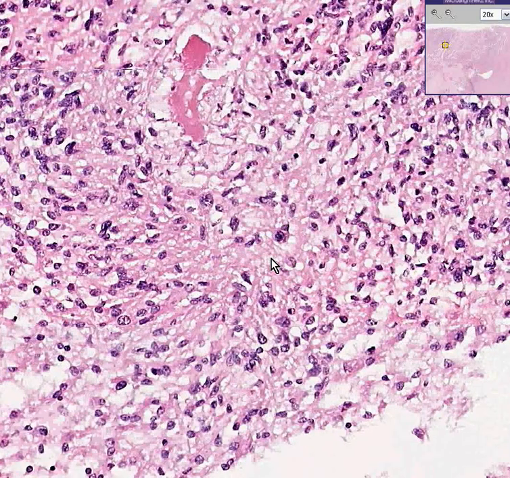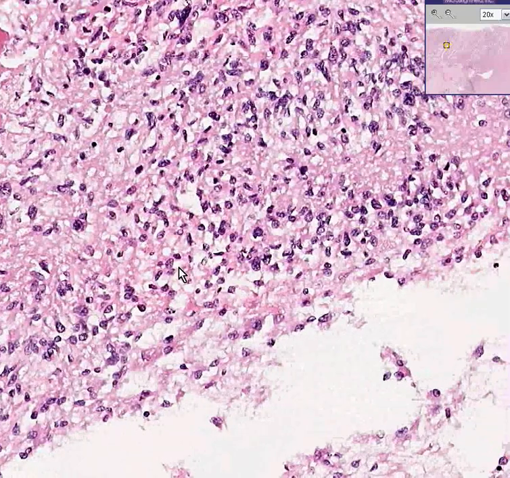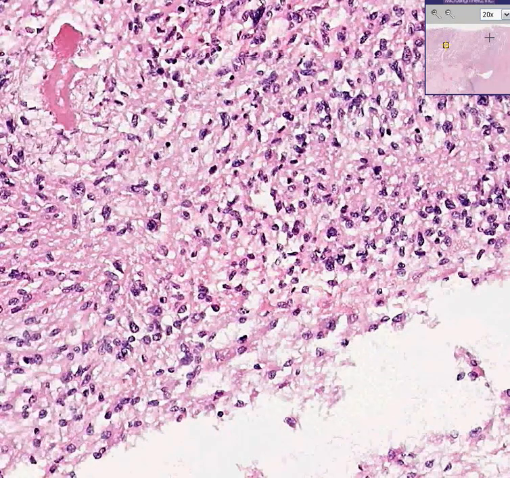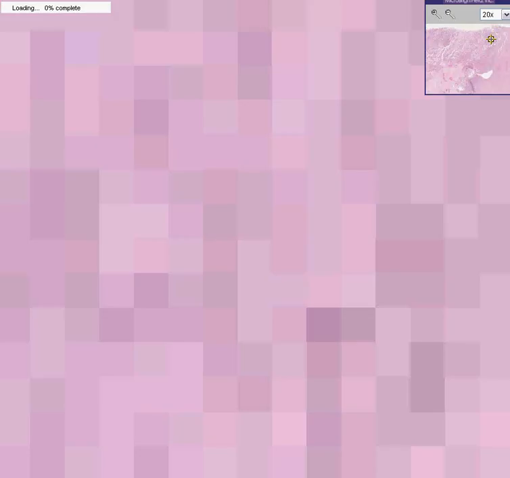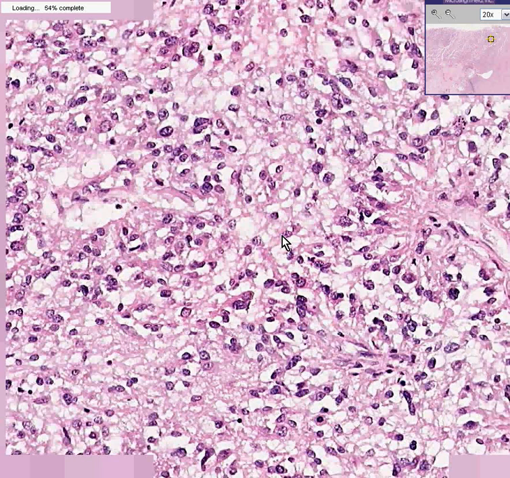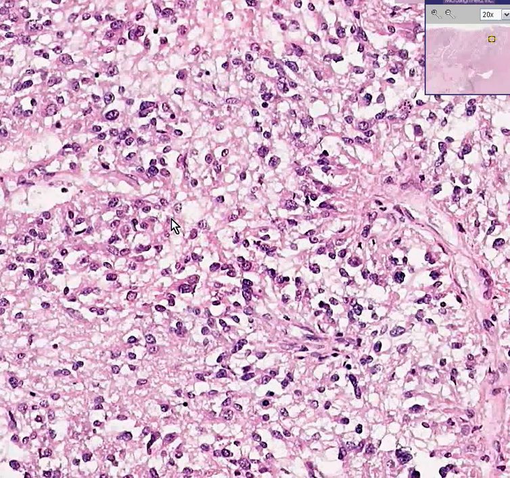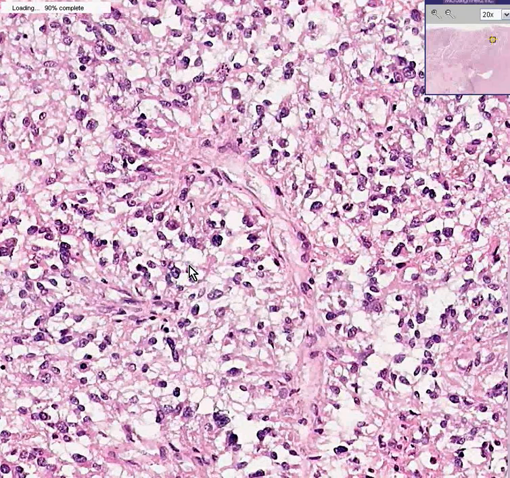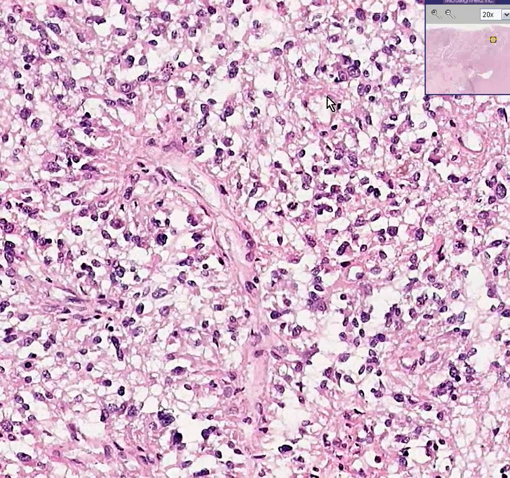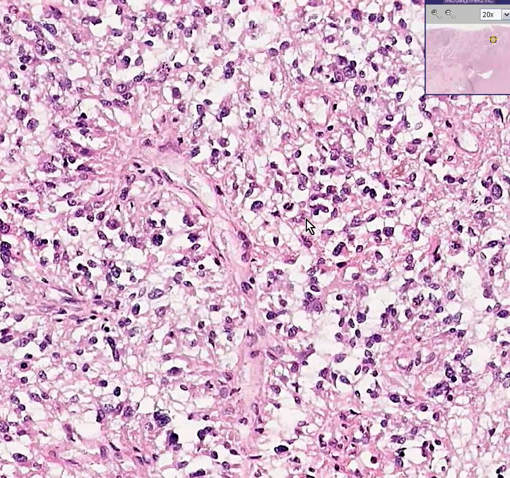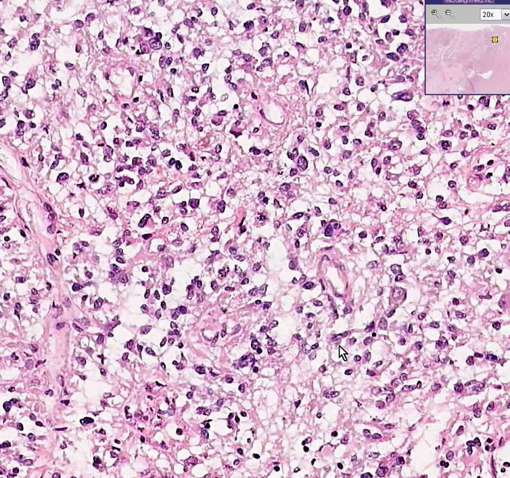Let me see if I could find another particularly nasty one. Oh, here's a couple of nasty ones. Let's go to a random area, like here. These are all tumor cells. And here's a couple of big, dark, ugly ones. But let's see if we could find a really nasty one.